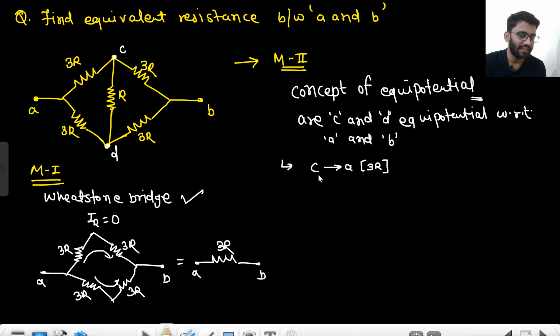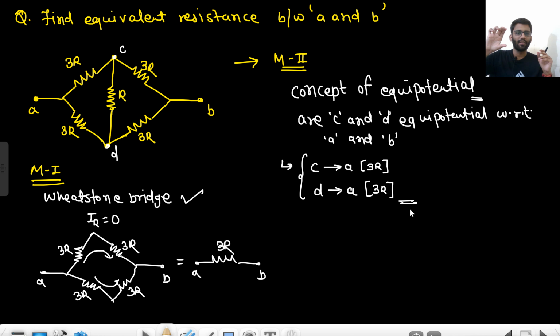Now whatever work C has done, the same work D will do. D is going from D to A. So C went to A, D will also go to A. How much work has D done? 3R. That's it, this is one box done.